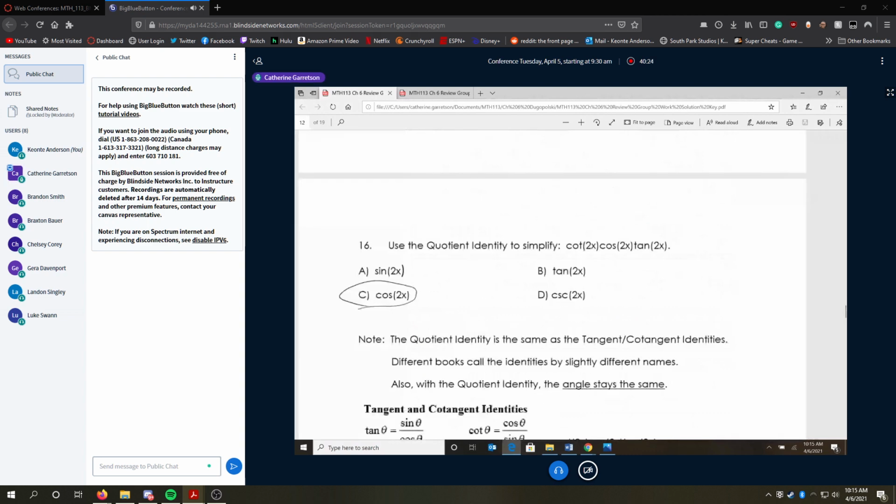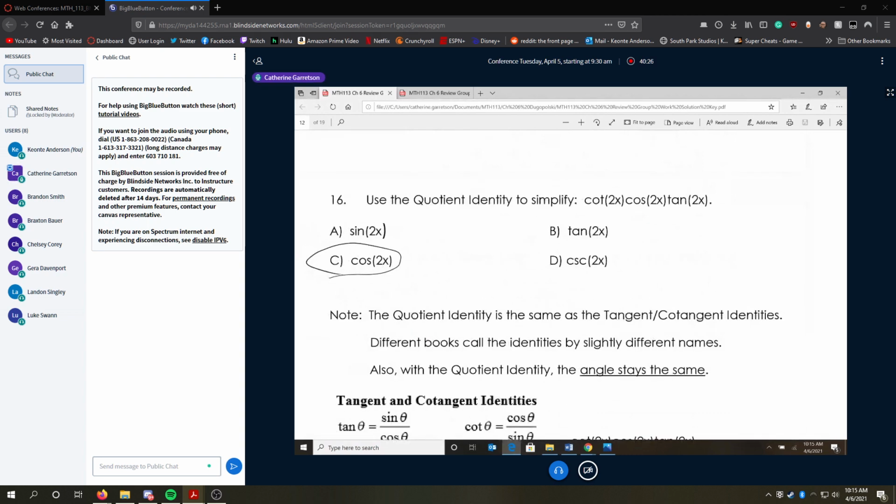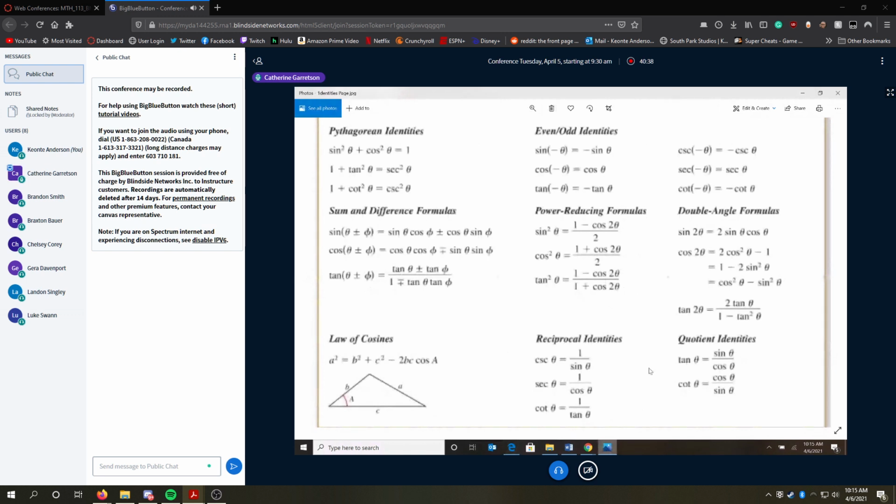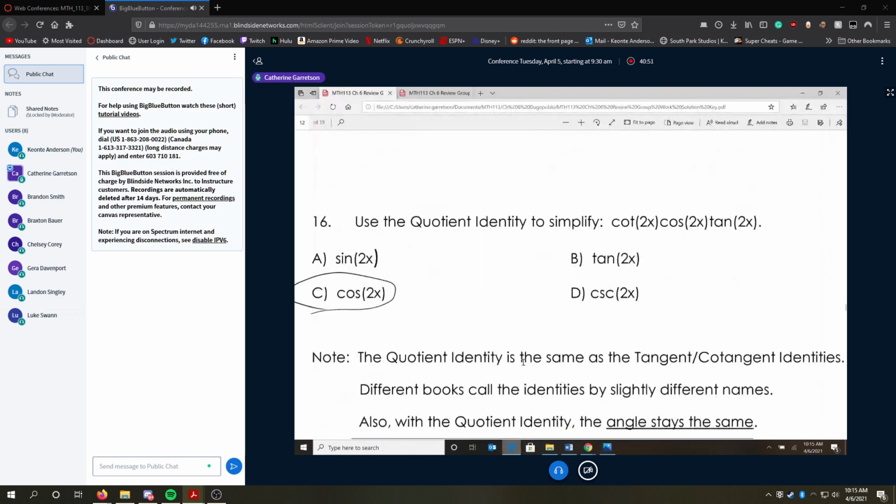Okay, use the quotient identity to help you simplify a cotangent times a cosine times a tangent. So the quotient identity we said was cotangent is cosine over sine, and tangent is sine over cosine. Now we're going to use the same angle that they give us. So our angle is 2x.